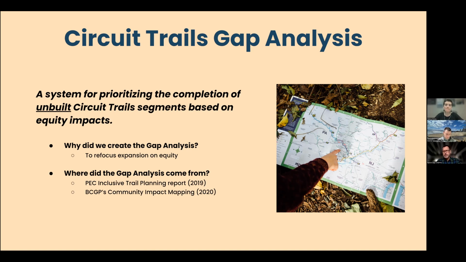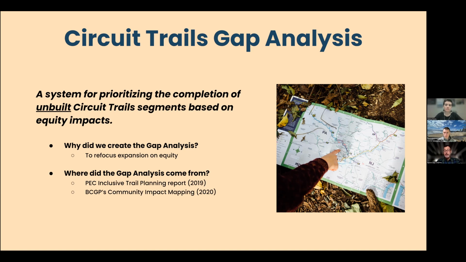Many are characterized, as our own data analysis shows, as the highest density areas of the region. So they're just not the easiest places to build a trail. If we only go after low-hanging fruit, my concern, and I think this is reflected in what we have today of our network, is that we don't end up building trails in those communities that most need it.